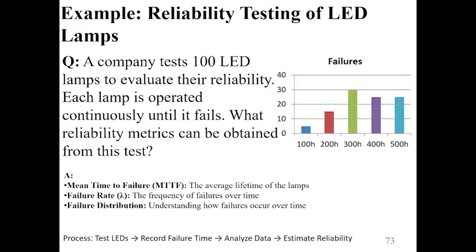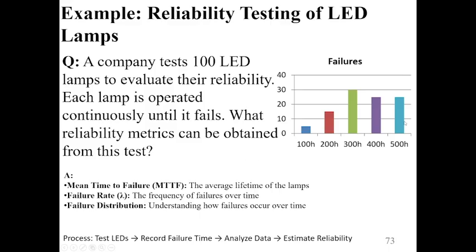So the question is: what is the reliability testing of LED lamps? A company tests 100 LED lamps to evaluate their reliability. Each lamp is operated continuously until it fails. What reliability metrics can be obtained from this test?